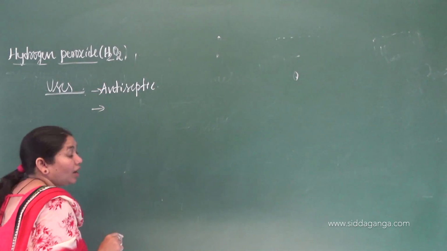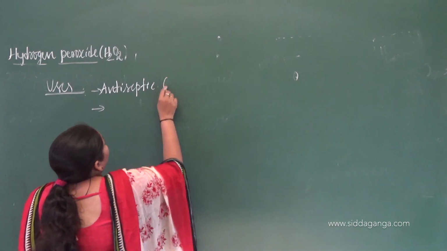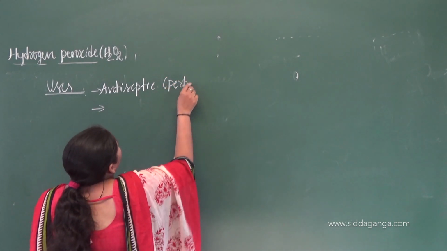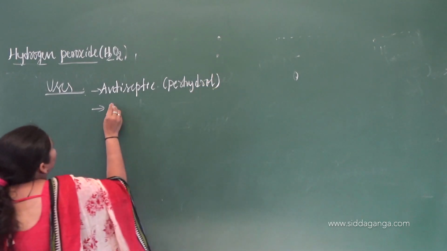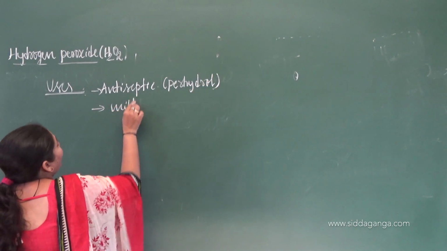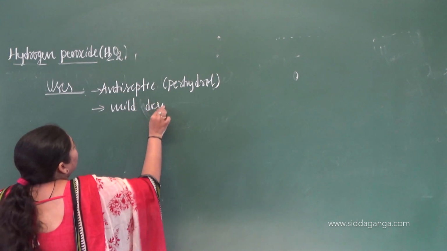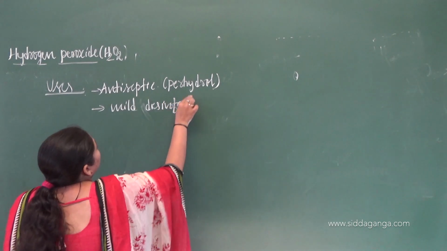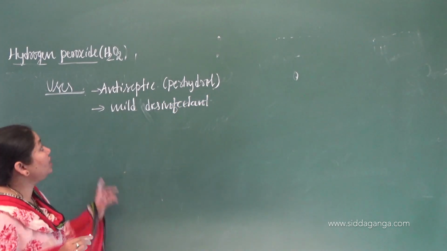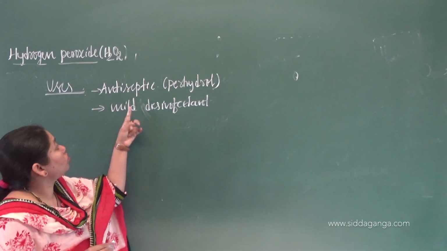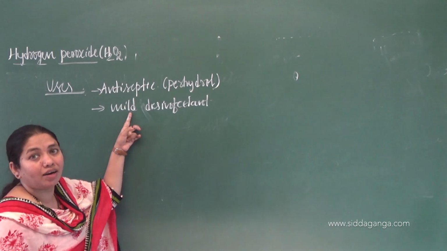Like that, hydrogen peroxide can be used as an antiseptic, found in the name perhydrol. It is a mild antiseptic and disinfectant. You should know the difference between the antiseptic and disinfectant. One is applied to living tissues, one is applied to non-living things like cleaning and all.